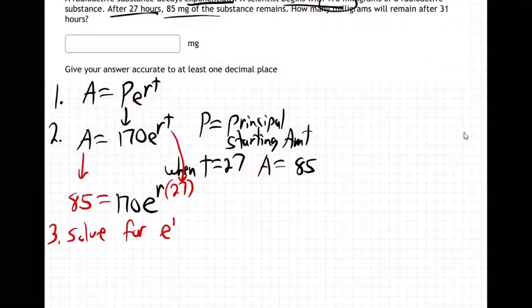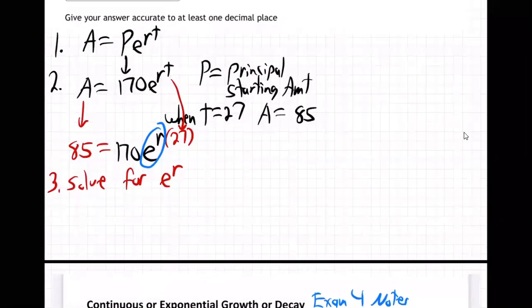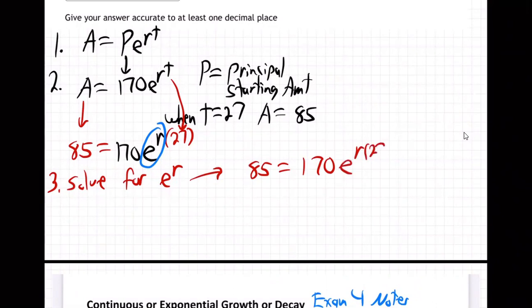Solve for e to the r, meaning this piece right there I want to get. It's a little weird to actually get e to the r alone, but that's what we want to do. So let me go over here and show you that. So 85 is 170 e to the r times 27.